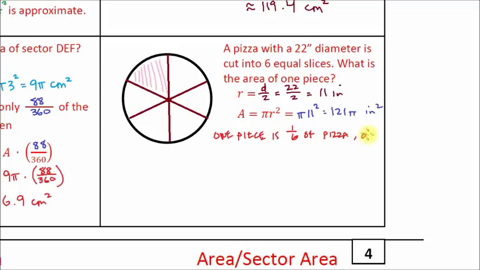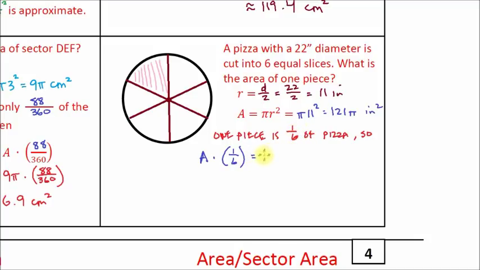Now remember, before we used degrees to figure out how big of a sector we had, but now we can just look at fractions. This is 1 out of 6. It's a ratio, 1 out of 6. So one piece is 1/6 of the pizza, so the area of one slice is equal to the total area times how much of the area is represented by one slice, which is 1/6.